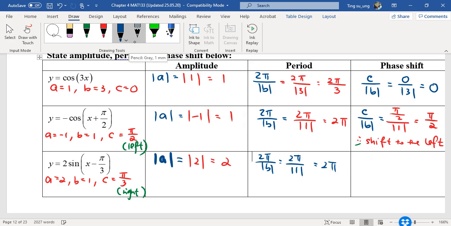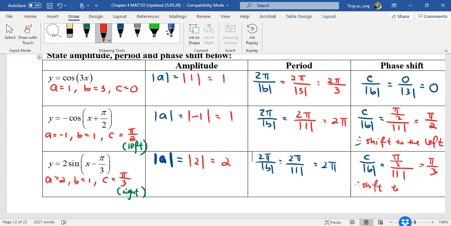After that, c over absolute b. So your c is pi over 3, your b is 1, so you have pi over 3. And don't forget your conclusion, so shift to the right.